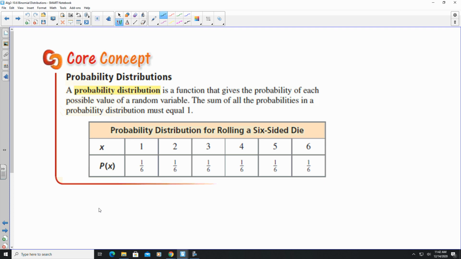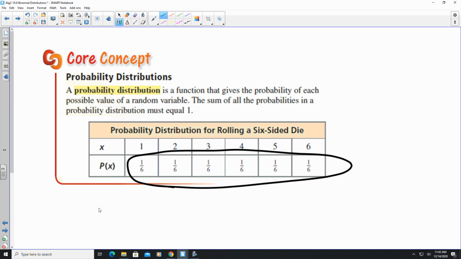You can either get a 1, 2, 3, 4, 5, or 6. The bottom number is the probability of landing on each, and all of them are 1 out of 6. If you add up all of those values together, you get a value of 1.